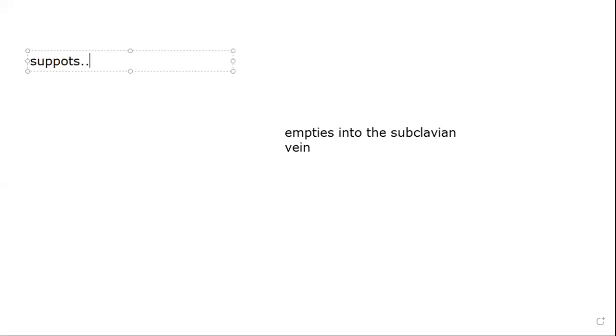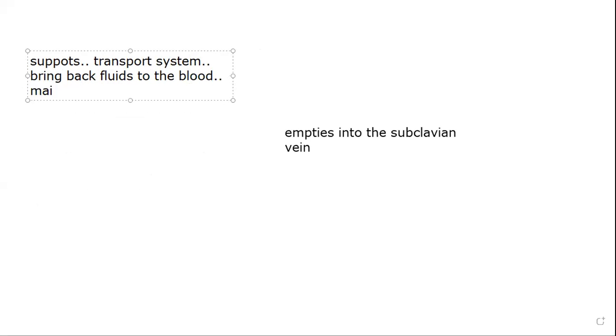It supports the transport system, and the main function of the lymphatic system is to bring back fluids to the blood, which helps mainly in maintaining the liquid content of the blood. ठीक है, it mainly supports the transport system and brings the liquid back.